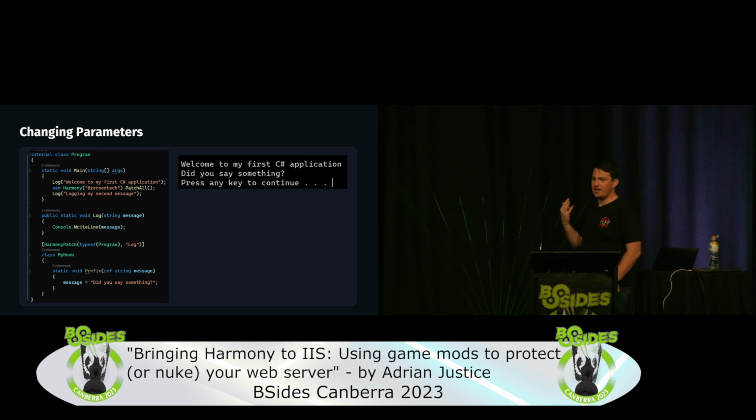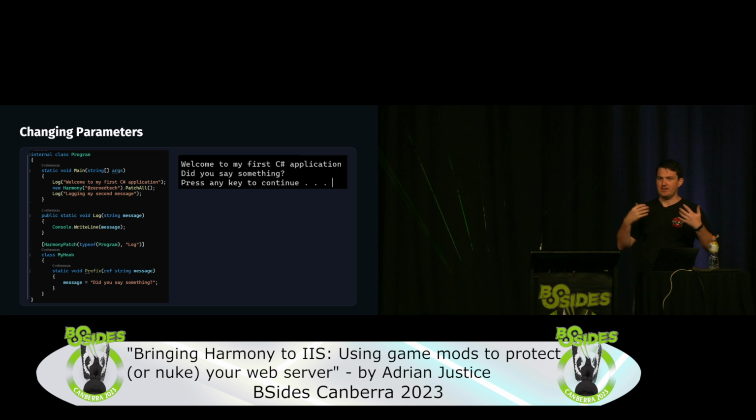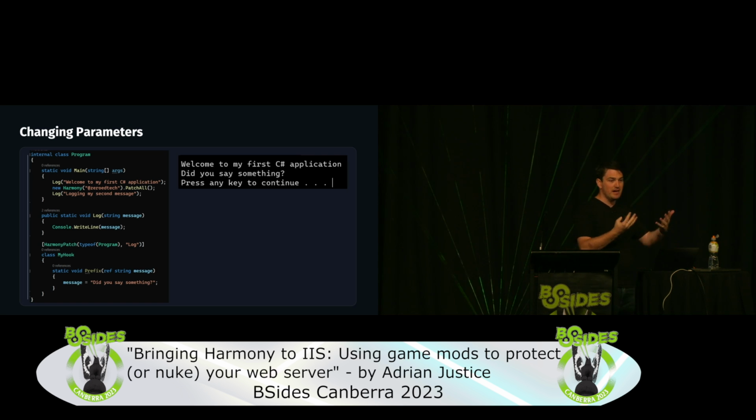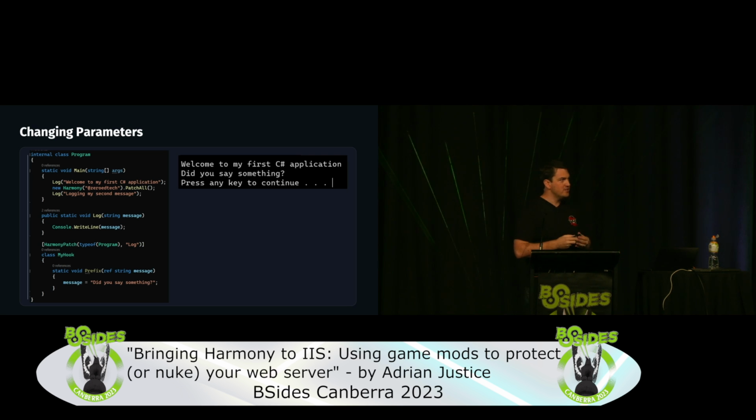So if you pass a string into a function and you make all of the characters in that string uppercase, you're changing a local version of that string local to your function. You're not manipulating the original parameter that was passed in. If we set the ref keyword, we change it to a pass by reference call. So now the original value that's passed in, any changes that are made to that, we're changing the actual value that will be used later on in the application. So by doing it this way, we're manipulating the parameter that will be ultimately passed on to the actual log call.